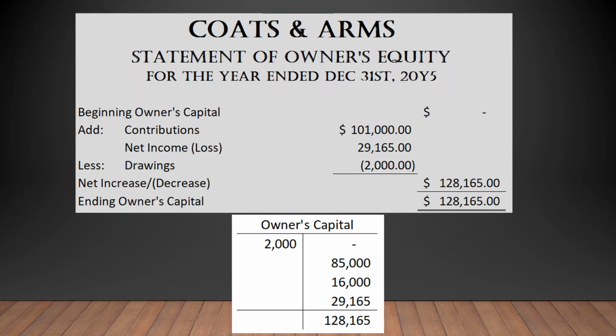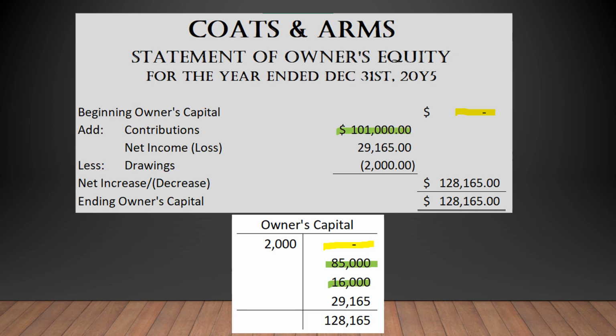Once we've booked our closing entries, our owner's capital general ledger should reflect what we reported in the statement of owner's equity. We see our beginning balance of 0, again because this was Coats & Arms' first year of operations. We also see our credits for contributions of cash, equipment, and an automobile reflected as additions on the statement.